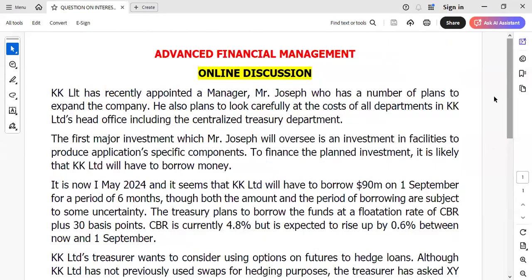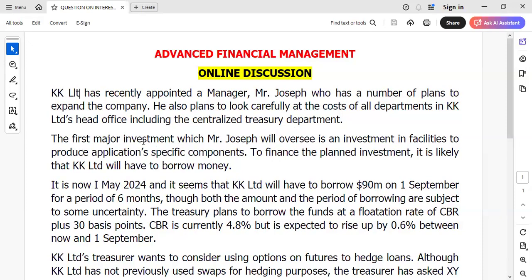So what are we given? We are told that KK Limited has recently appointed a manager, Mr. Joseph, who has a number of plans to expand the company. He also plans to look carefully at the costs of all departments in KK Limited's head office, including the centralized treasury departments.